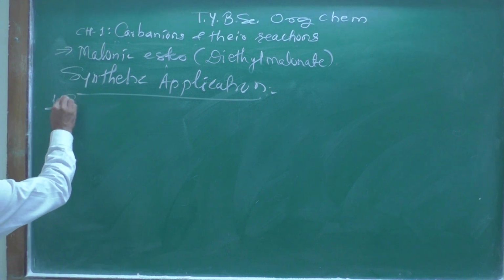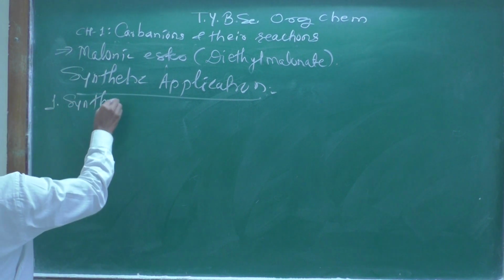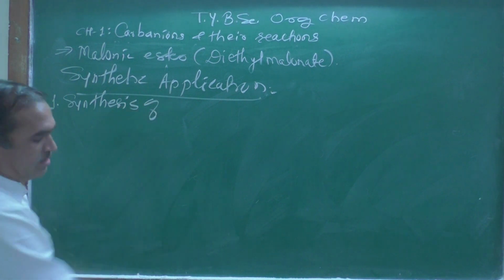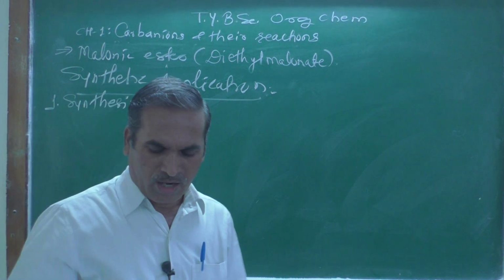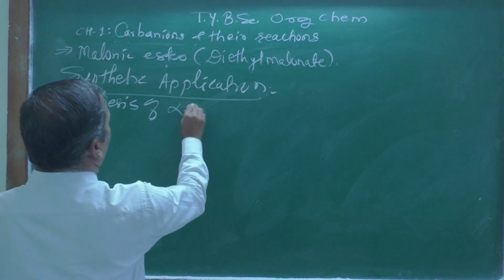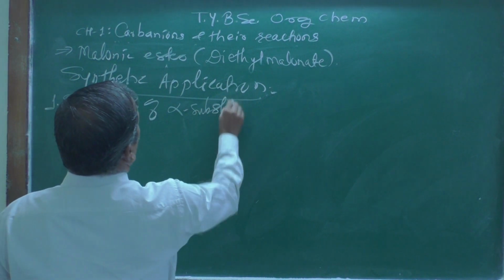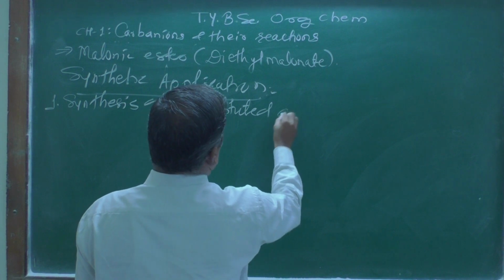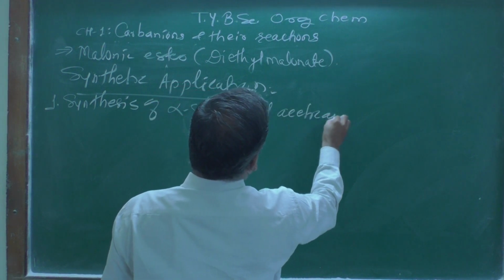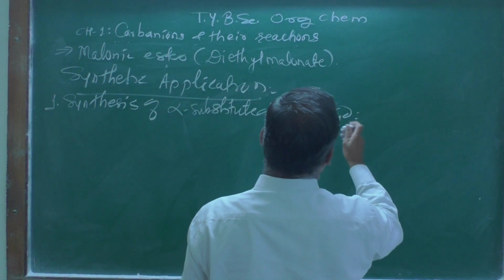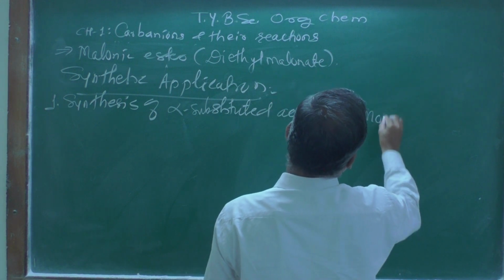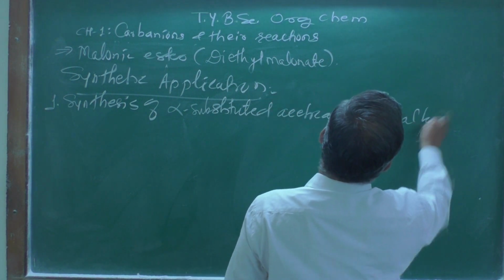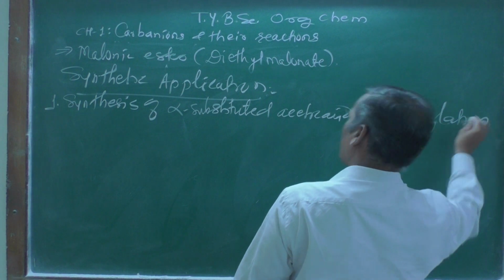One is the synthesis of alpha substituted acetic acid, or what we can call monoalkylation.